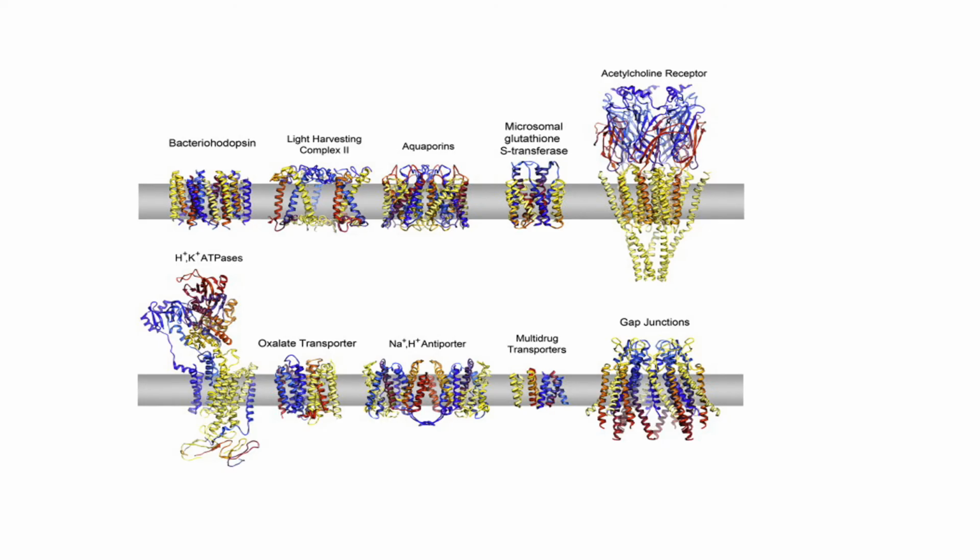So this is just an example to show you, these are all transmembrane proteins, and they can be super complex. There's the light harvesting complex 2, which is part of photosynthesis, with many transmembrane domains. Of course, that's in the thylakoid membrane. Then you have aquaporin, which I just mentioned is a protein that allows the transfer of water.